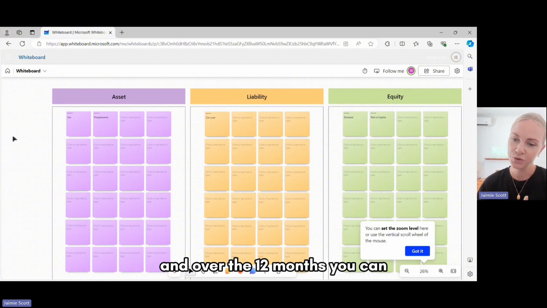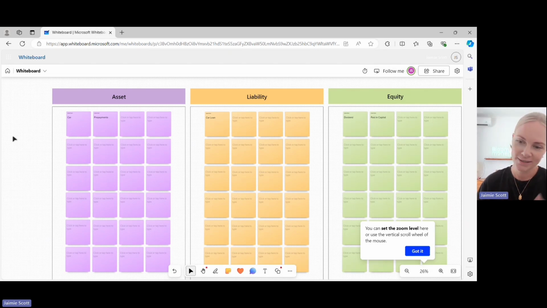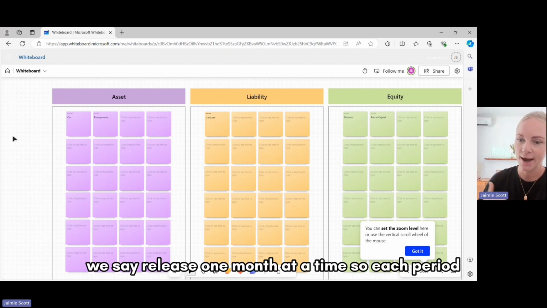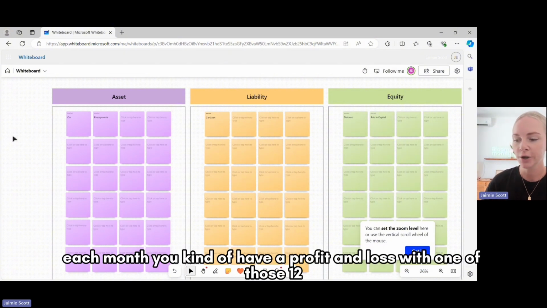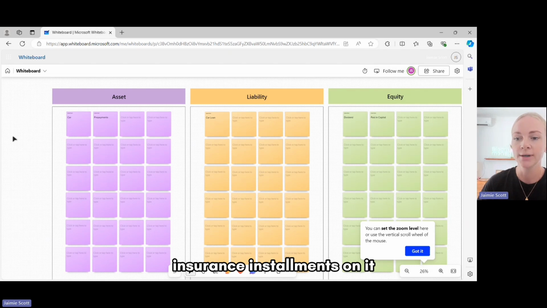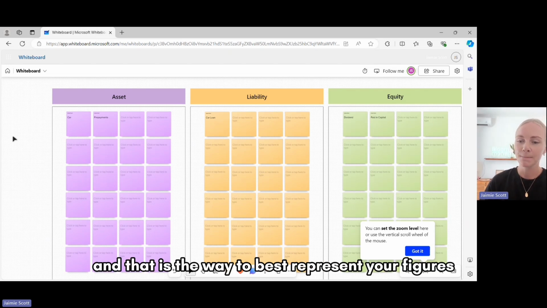And over the 12 months, we say release 1 month at a time. So each period, each month, you have a profit and loss with one of those 12 insurance installments on it. And that is the way to best represent your figures.